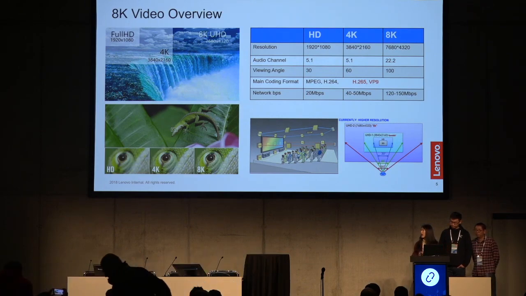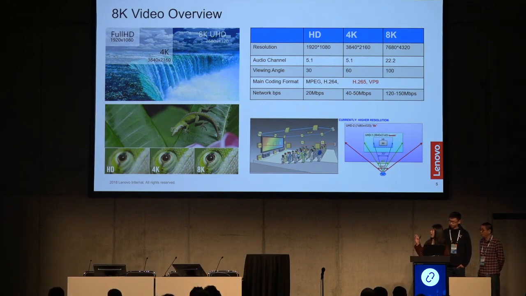So it's 4 times 4K and 16 times Full HD, or what we call 1080p. And you can tell from the left picture that the 8K resolution displays higher picture quality.